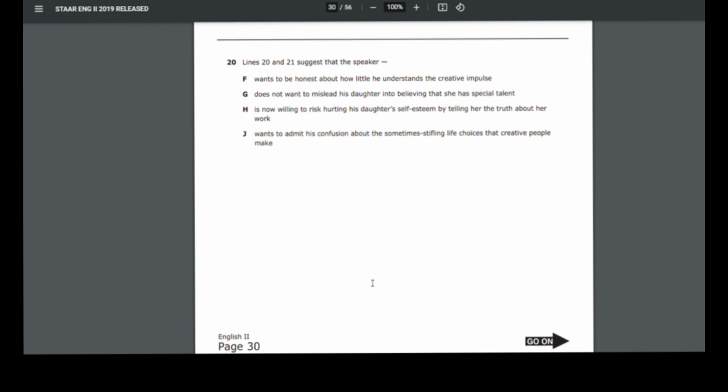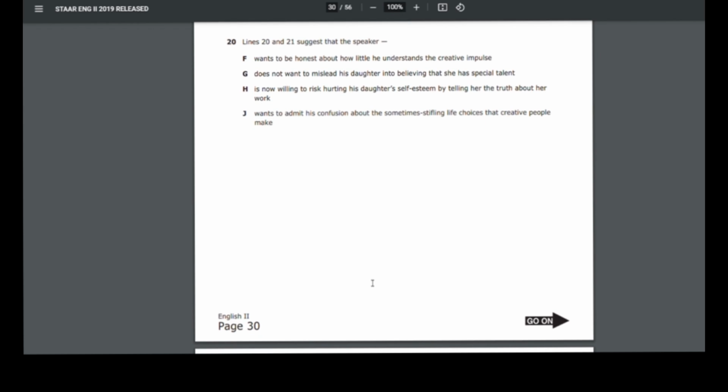If we go down to 20, lines 20 and 21 suggest that the speaker, now this question, along with several other questions, are phrased in a way that makes the student feel as if they are being personally asked what they feel the answer should be. Once the student's personal feelings get involved, then oftentimes what ends up happening is they get it wrong because that's what they would choose.